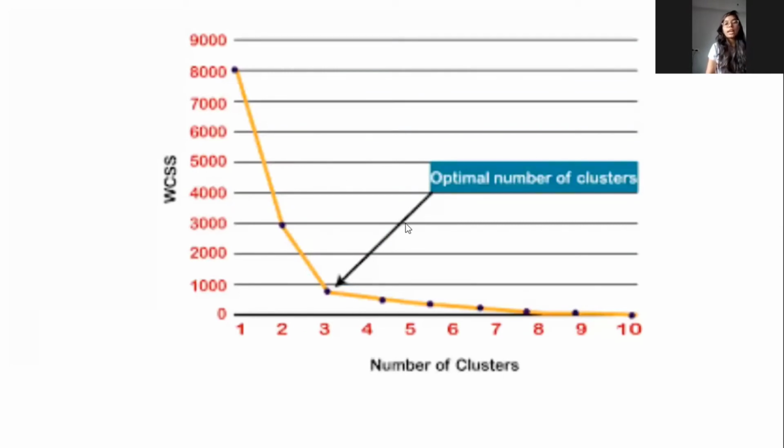As you can see in this graph, for only one cluster, which is cluster 1, we had this much distance, 8,000. For 2 clusters, we had this much, 3,000. For 3 clusters, 2,000. So we have plotted a graph between the WCSS and the number of clusters.